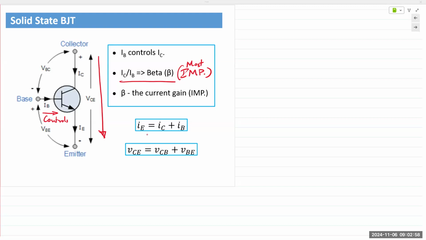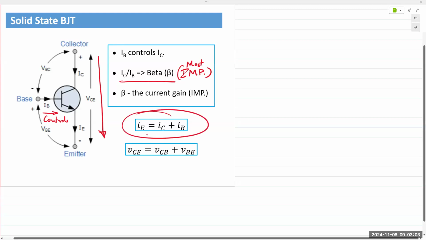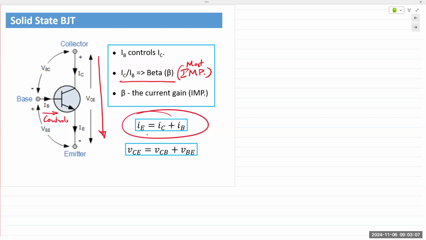The emitter current, of course, would be a sum of both the collector and the base currents. So IE is IC plus IB. And then the voltage between the collector and the emitter is VCE, and VCE is given by the collector base voltage and the base emitter voltage.